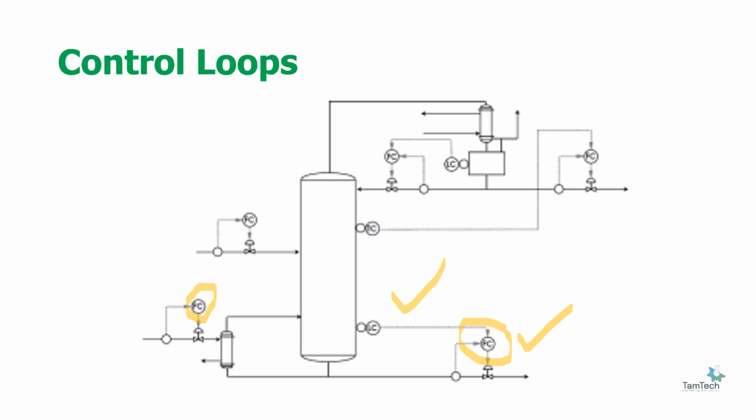You have this, the TC. Yes, it's TC, temperature control, and this temperature control is done with the flow control as well. So you have the level controller, you have the flow controller here as well, because you are controlling the level of the reflux drum or overhead accumulator with the help of your reflux rate.